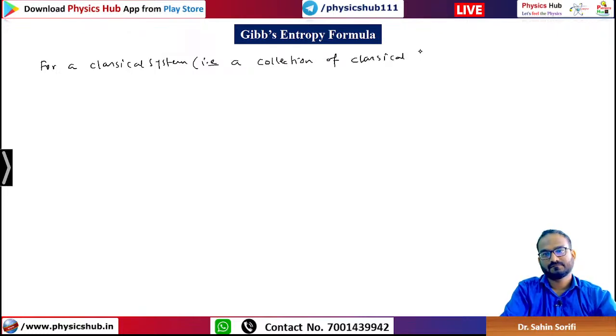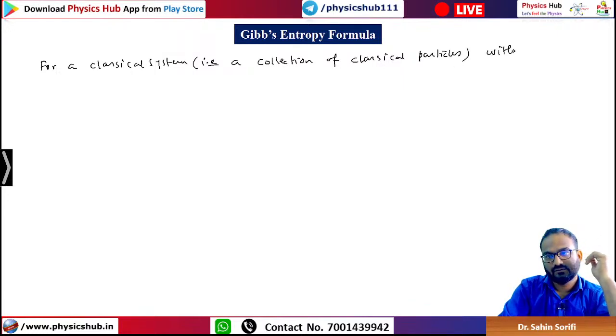Okay, let's go for a very important thing, the Gibbs entropy formula. This one is quite important for your examination. Let's say you have a classical system, which means we have a collection of classical particles with a discrete set of microstates.